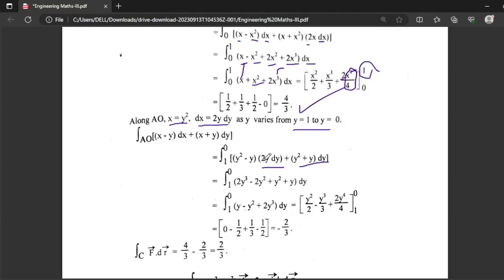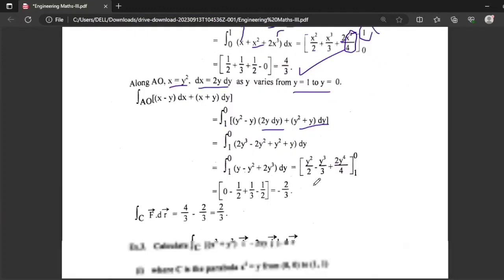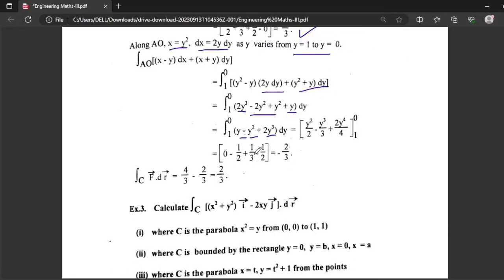So 2y multiplied by y square is 2y cube, minus 2y square plus y square plus y dy. Minus 2y square plus y square is minus y square, and 2y cube. Integrating we get y square by 2 minus y cube by 3 plus 2y to the 4 by 4.